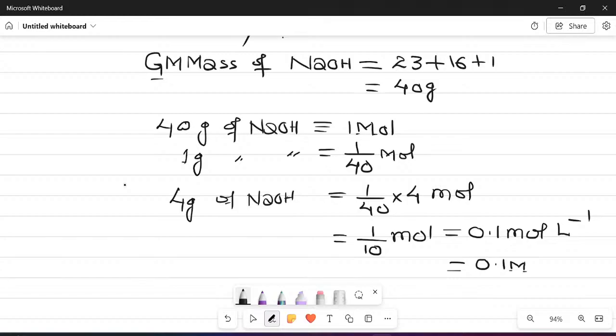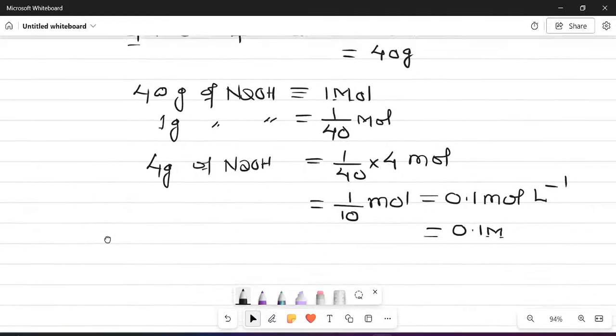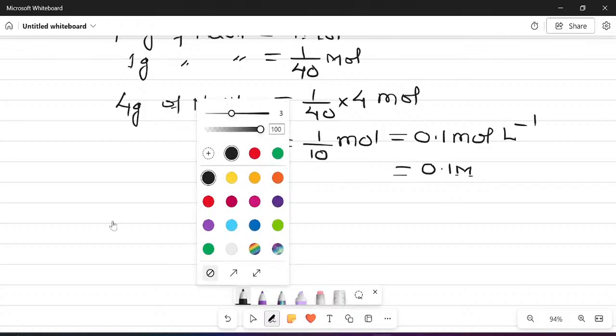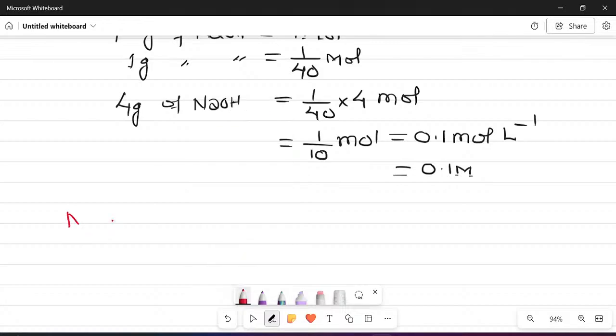So next I will move on to molality. What is molality? And why do we need molality? The next definition is molality.